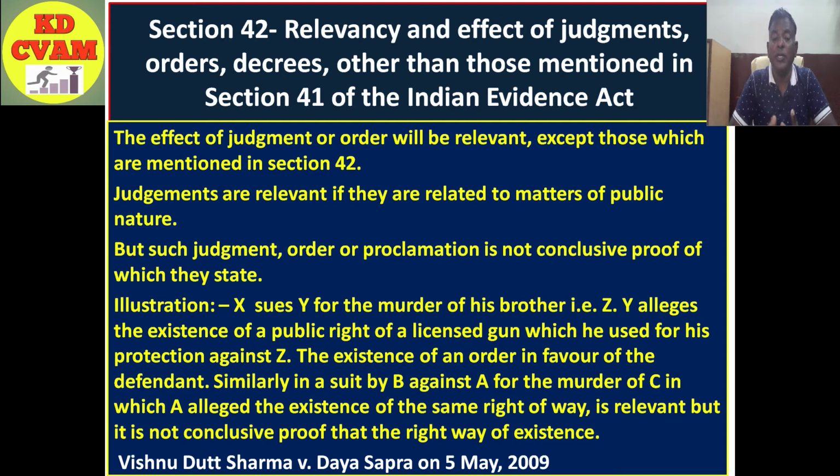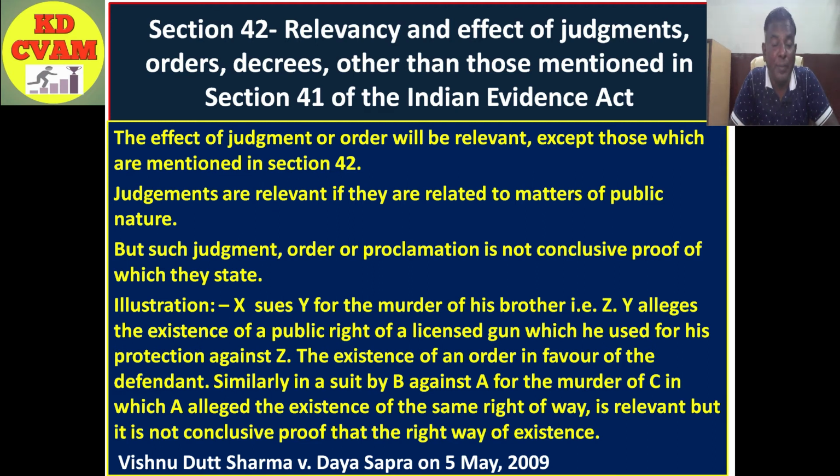So that was the defendant, right? The existence of an order in favor of the defendant. Now this is our order, this is the judgment. Now see whether this judgment becomes relevant or not. Similarly, in a suit by B against A for the murder of C, in which A alleged the existence of the same right of way. Now it is relevant, but it is not conclusive proof that the right of way exists, right?